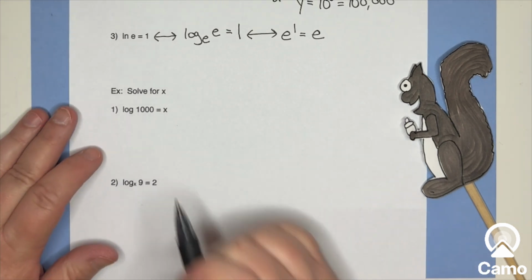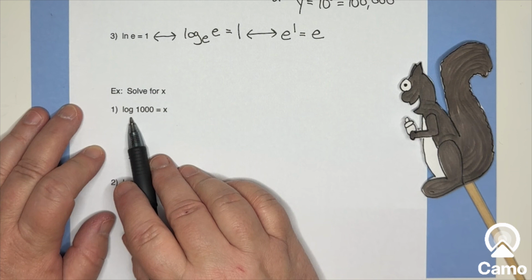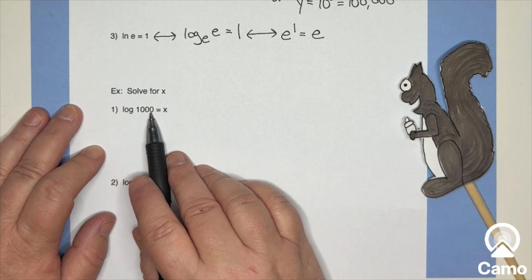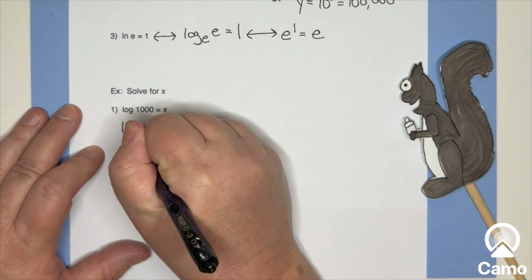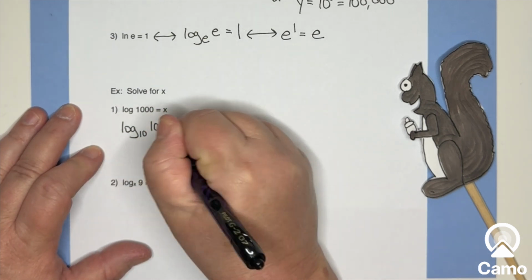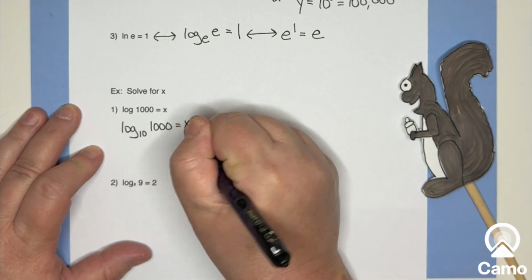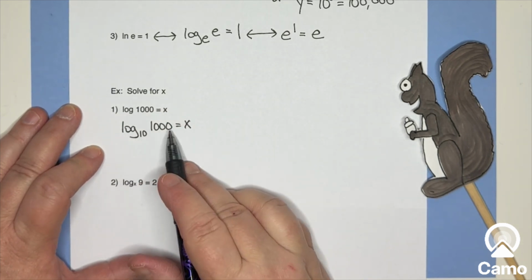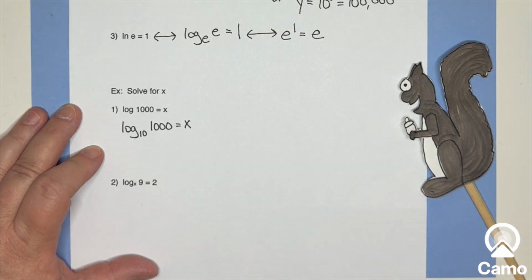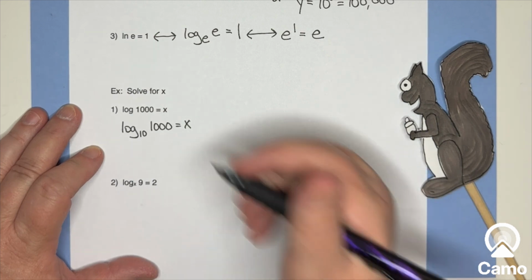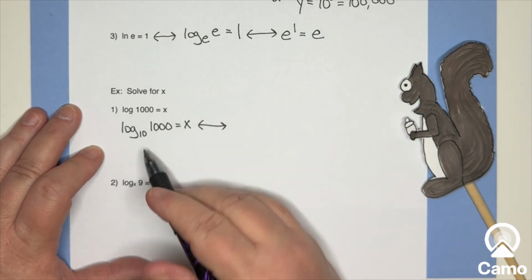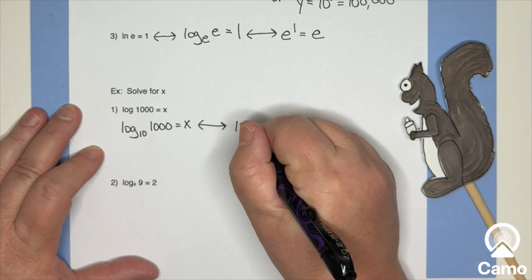What if I have log, just log, so common log of 1,000 equals x? So the first thing I'm going to do is fill in the blanks here, specifically that I've got log base 10 of 1,000. Okay, now if I am in logarithm form, you will be able to later on in this chapter deal with this directly, but right now our best bet is to convert. If I'm in logarithmic form, I'm going to go to exponential form.